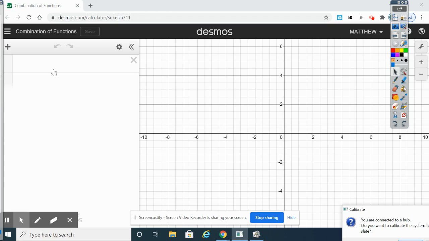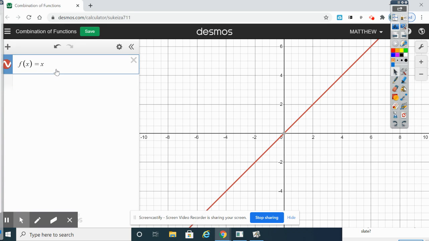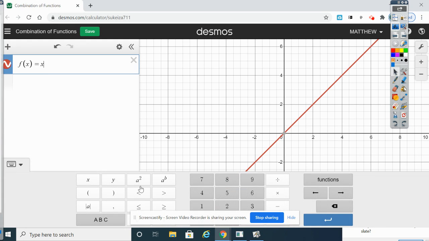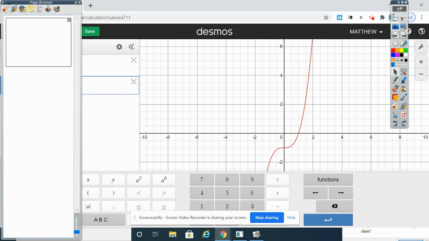What we're going to do is click into the first text box. We're going to type our function f of x is equal to x. I'm going to grab this keyboard down here, click the a raised to the b power, and then I'm going to tell it that power should be 3 minus 1. I'm going to click for a second text box. I'm going to create a table. Let's get rid of this.